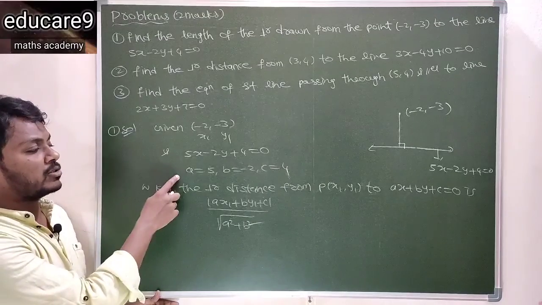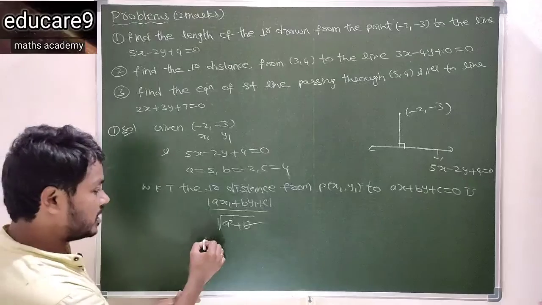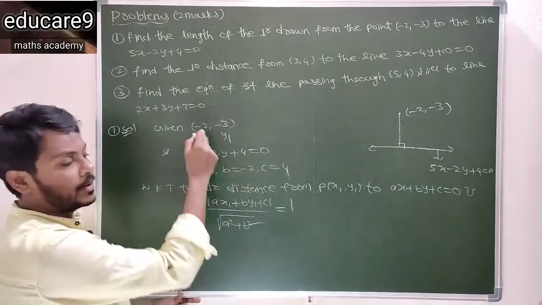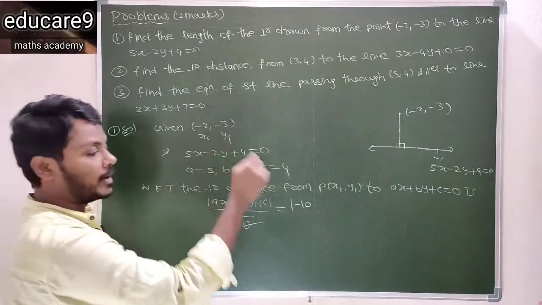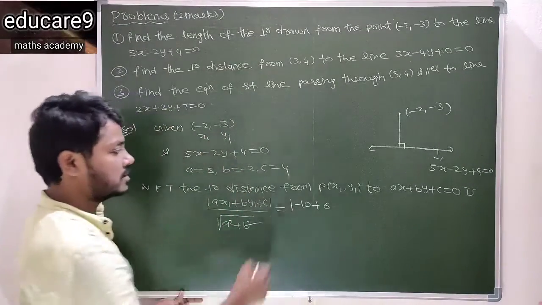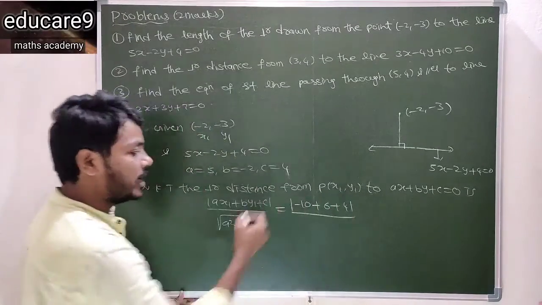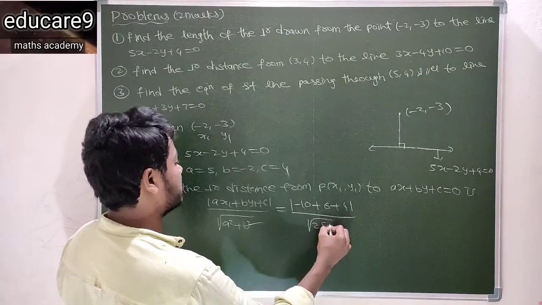Now substitute the values of a, b, c, x1, y1 in this formula. So what you get? ax1, so 5 into -2 is -10, by1, -2 into -3, that is +6, plus c, so +4, divided by the square root of a square plus b square, that is 25 plus 4.